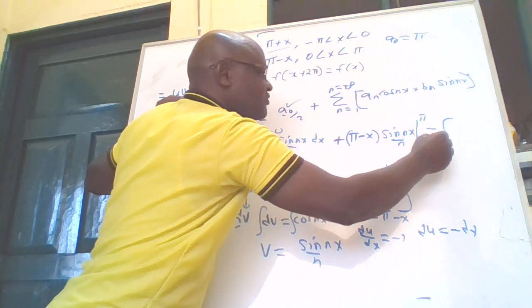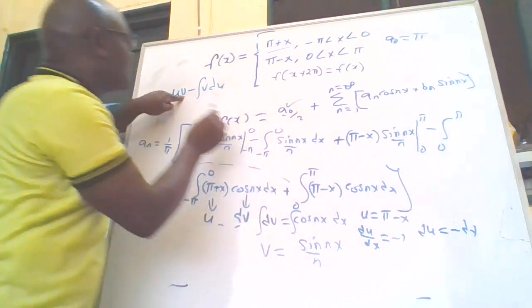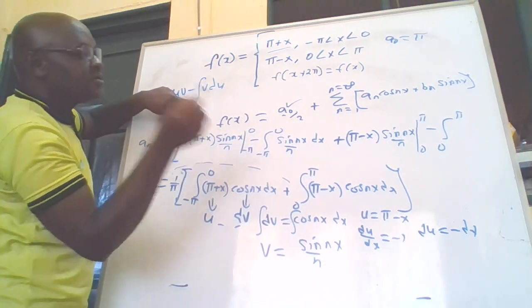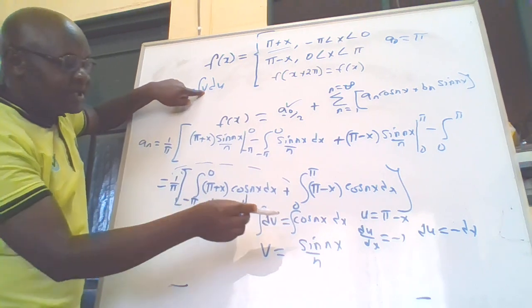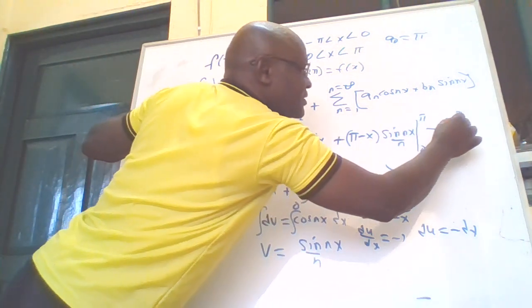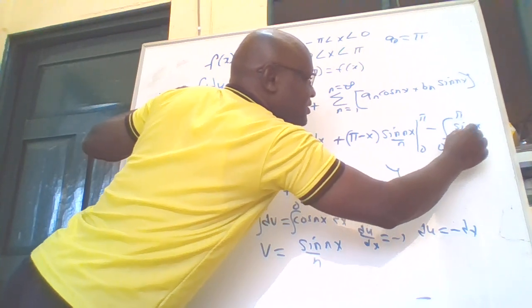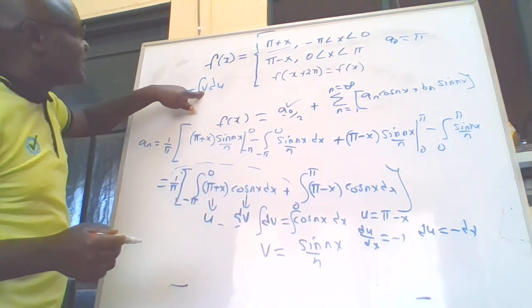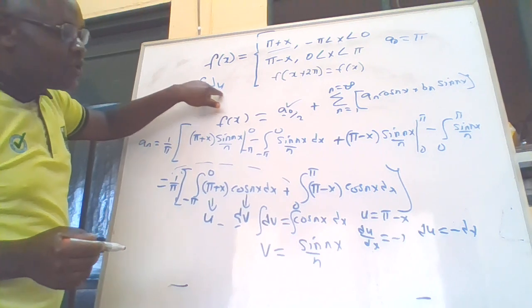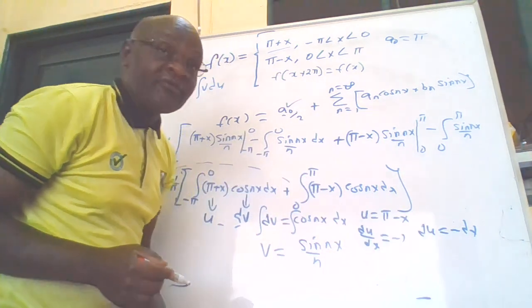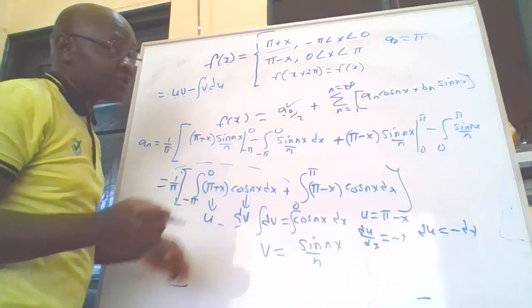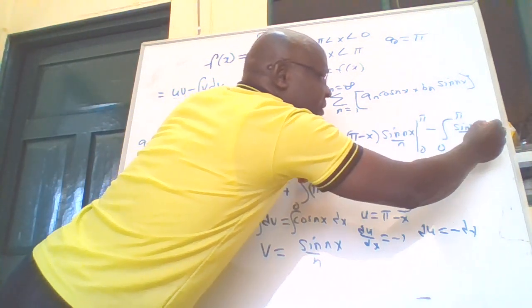minus the integral of 0 to pi. We are now in this integral 0 to pi. Our v there is sine nx all over n. Then du equals negative dx. So here we have minus dx.